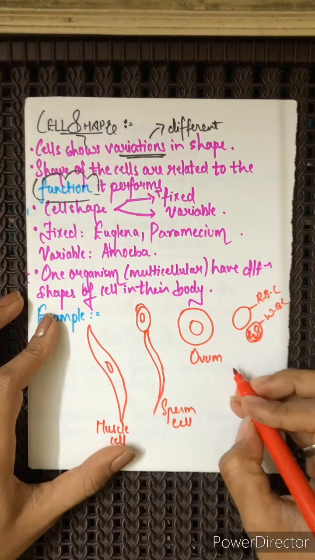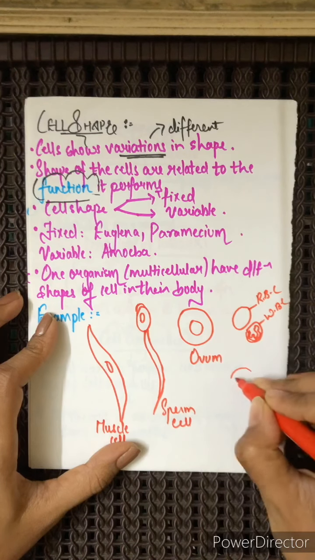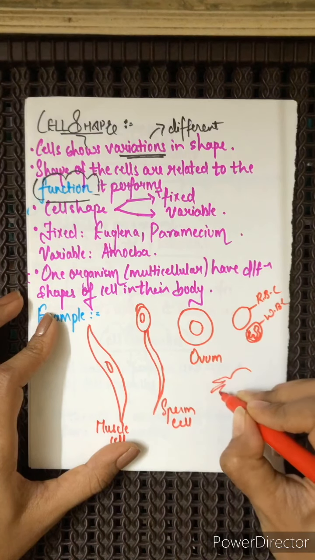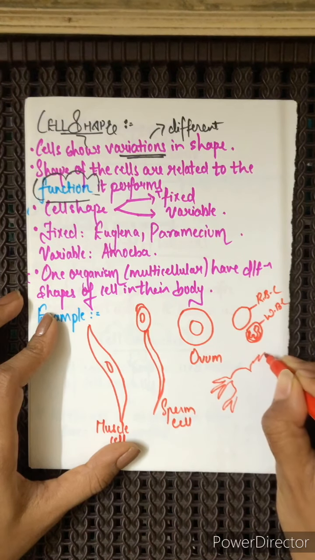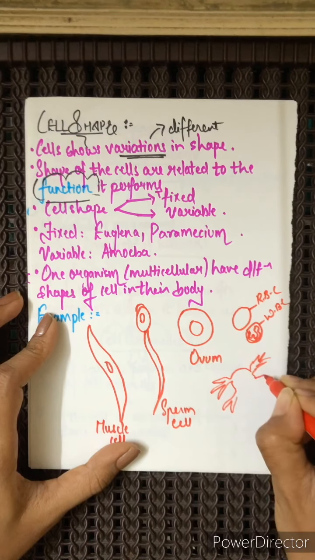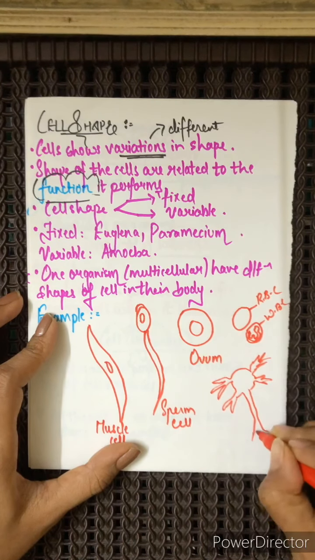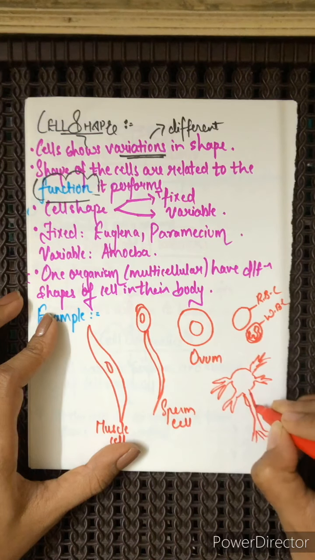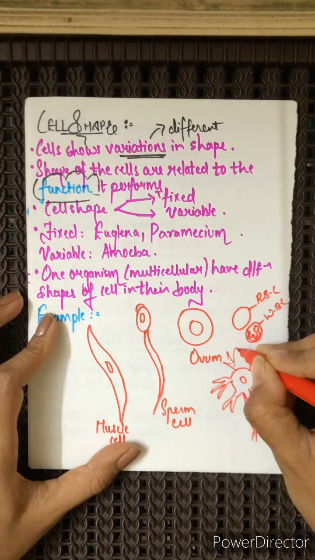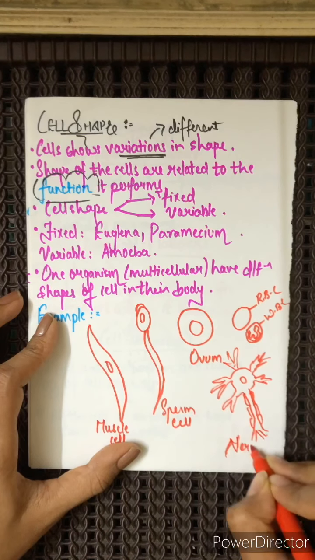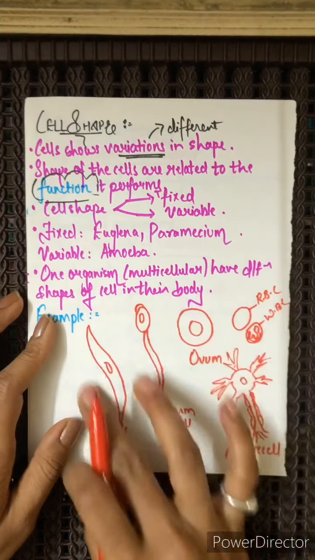Then suppose if I draw a nerve cell, yes, the longest cell that we already saw, this is nothing but the nerve cell.